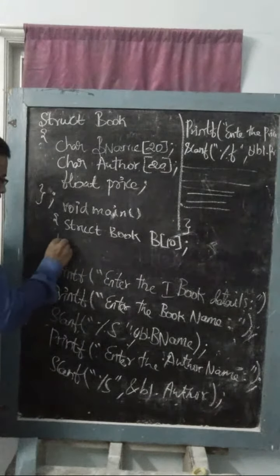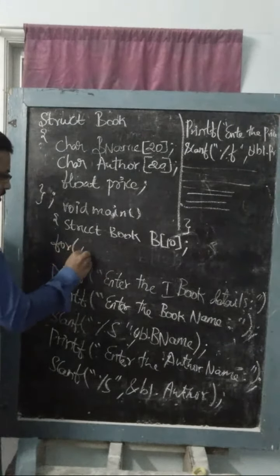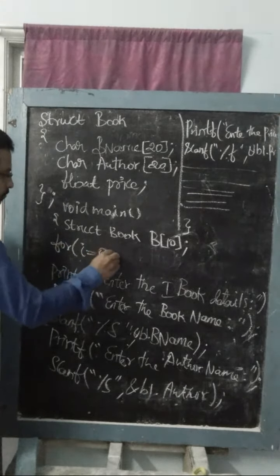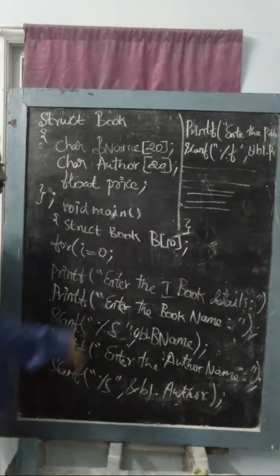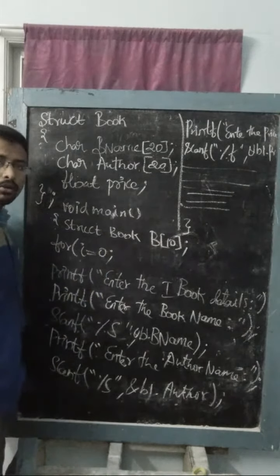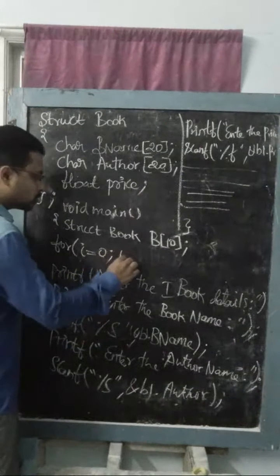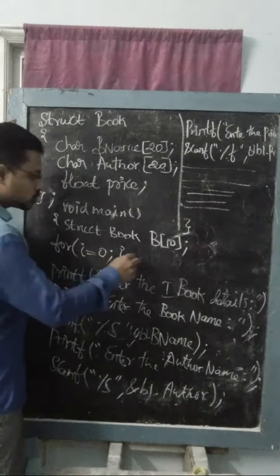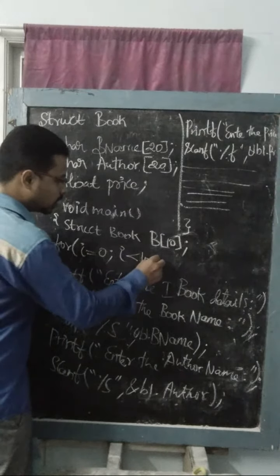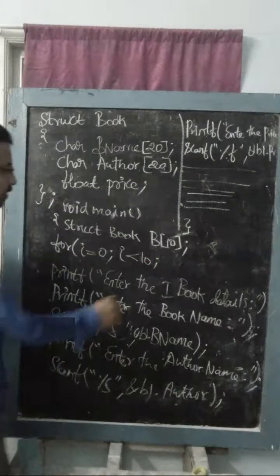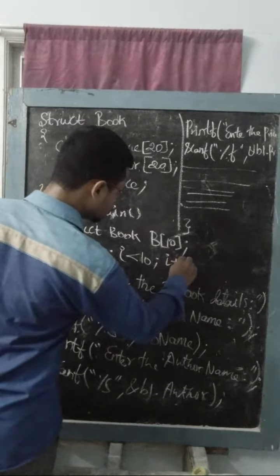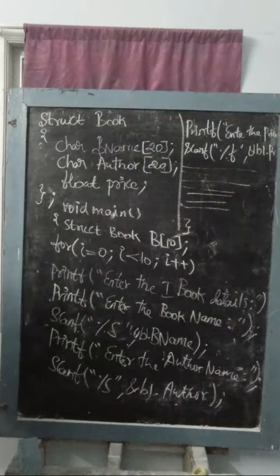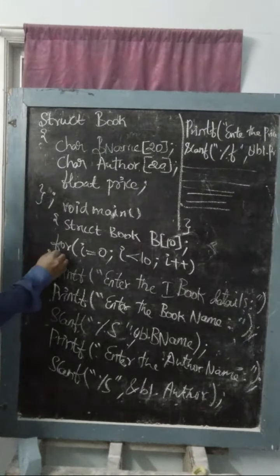So for i is equal to 0. How many books, how many book details do we need? 10 books. We start at 0, so we should complete within 10, and then i plus plus. Okay, so we close this one. You just open this one.